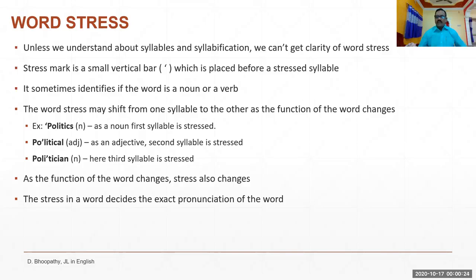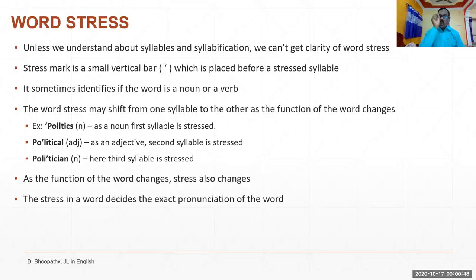For example, you see the word politics. Politics is a word having 3 syllables: po-li-tics. But which is the stressed syllable? For which syllable do we take extra force and extra time? Po.